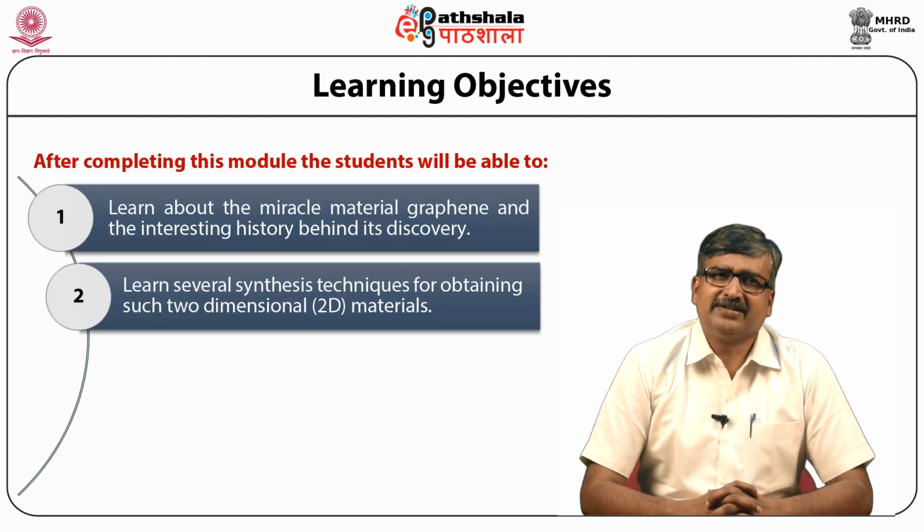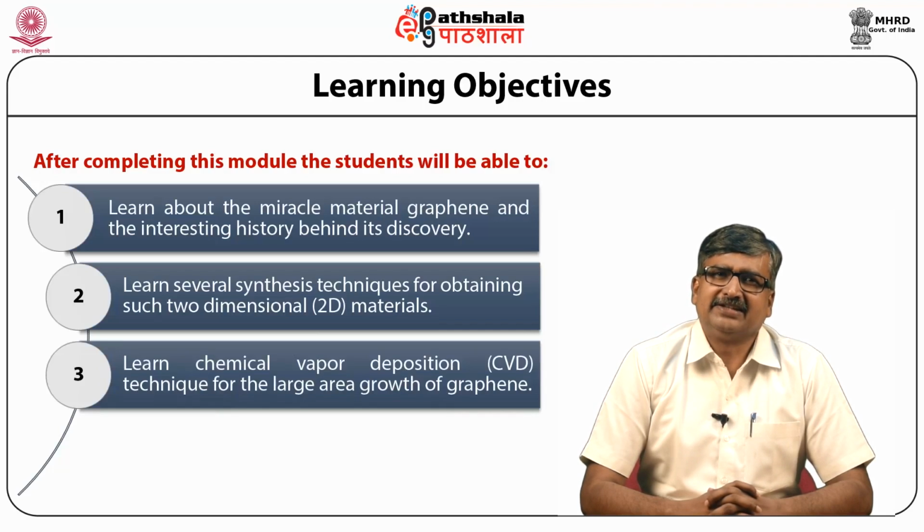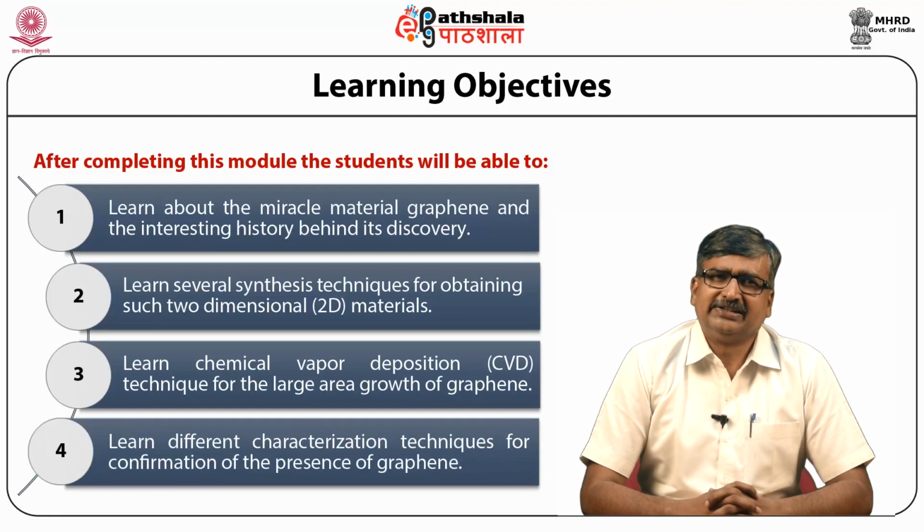We will explain in detail the chemical vapor deposition technique for the synthesis of large area graphene, and finally you will learn different characterization techniques for confirmation of the presence of graphene.